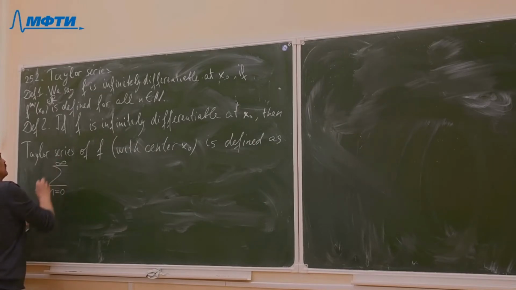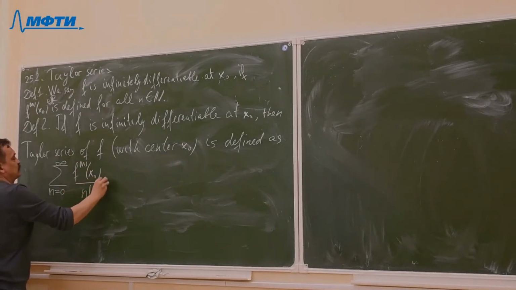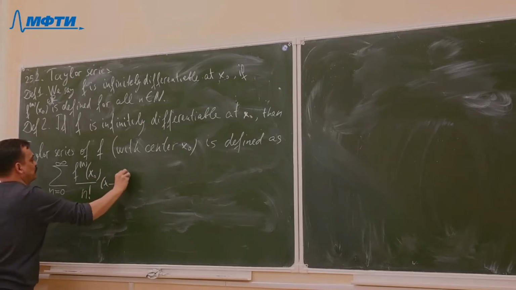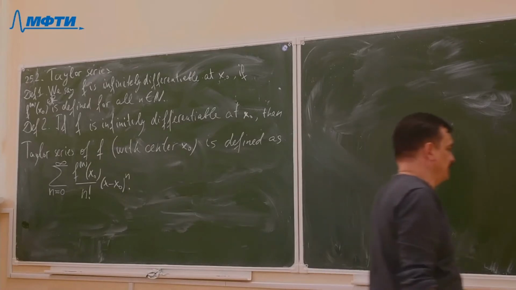Sum n starts from 0 up to infinity, the nth derivative at x naught over n factorial times x minus x naught to the power n.